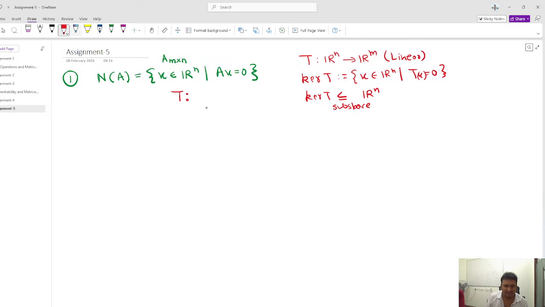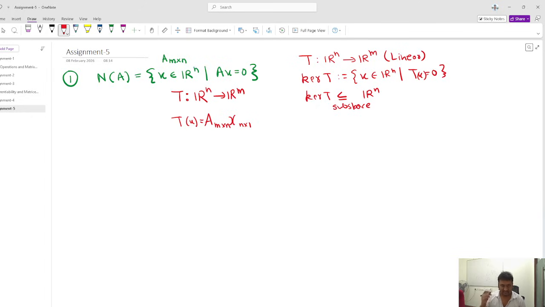In fact, this null space is nothing but the kernel of the corresponding operator. A is an m cross n matrix, so when you multiply some x to it, x has order n cross 1. So it's actually a linear operator from Rn to Rm. You can find this corresponding linear operator, and you have shown that this is linear.